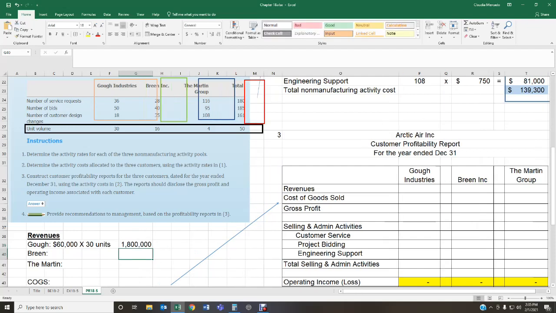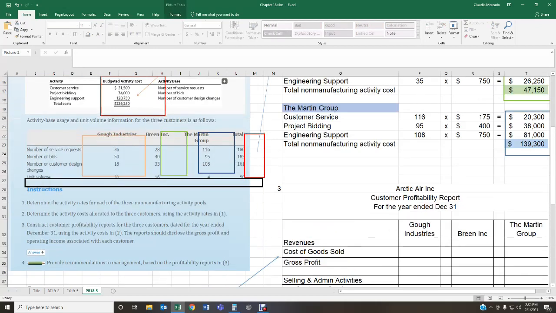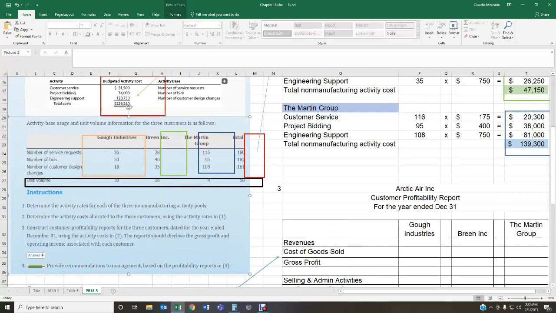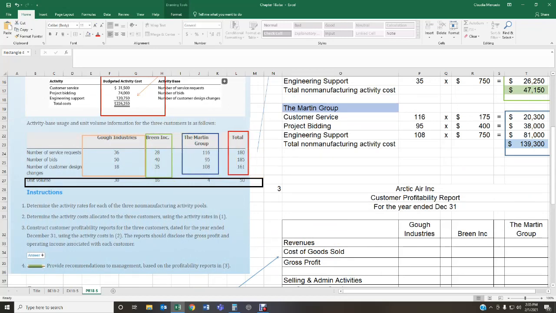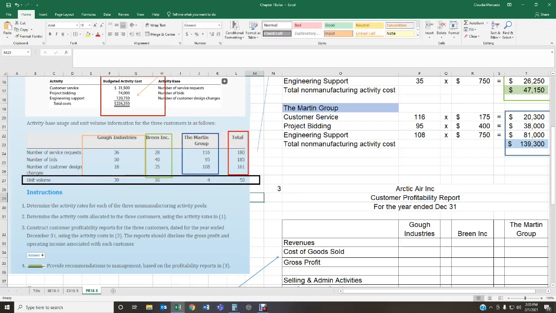1,800,000. Now for Bryn. Now we're going to focus on Bryn.